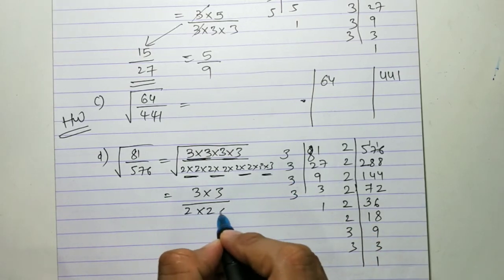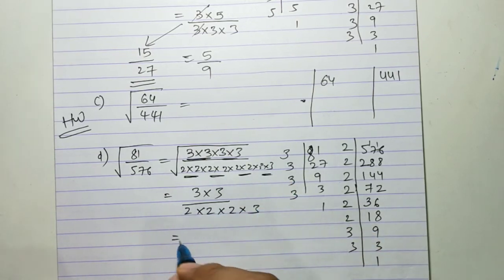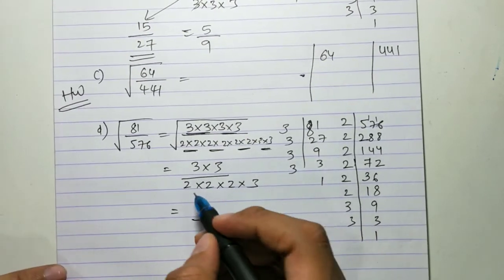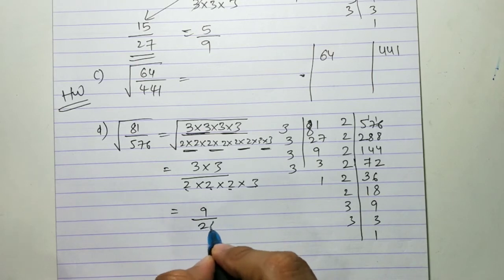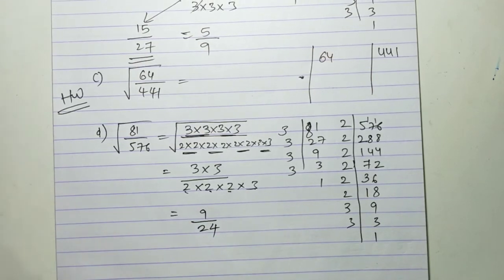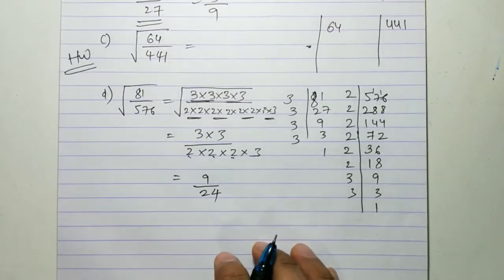So take one number each from one pair. Okay, 3 3s are 9, 2 2s are 4, 4 2s are 8, 8 3s are 24. Okay, actually behind the textbook they haven't cancelled these numbers, so you also don't cancel it, keep it like that.